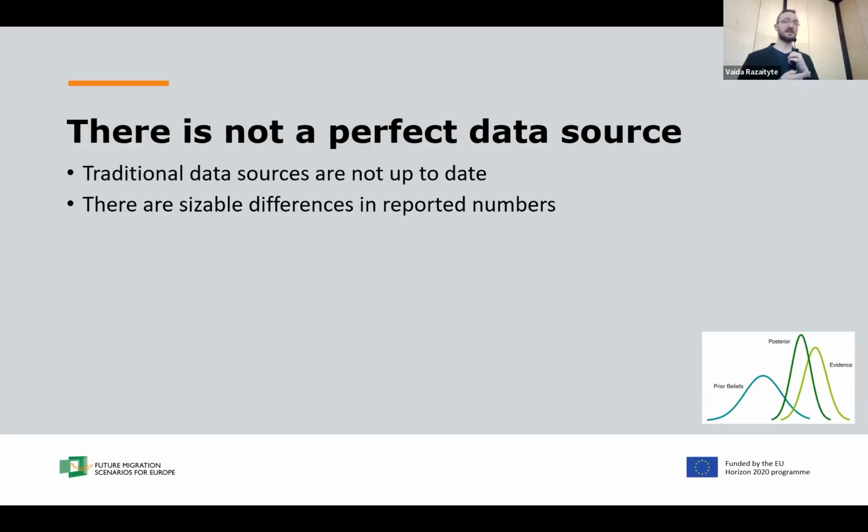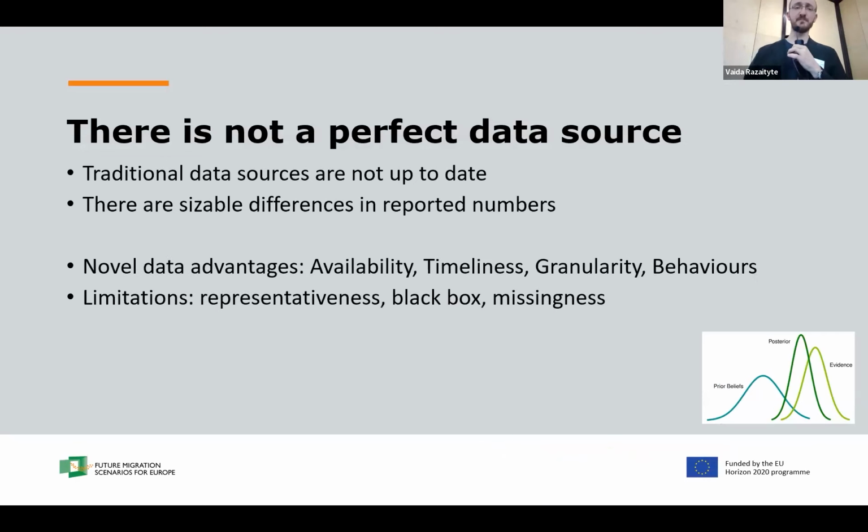Traditional data sources, as Dilek and others explained earlier, have problems: they are not up to date, and there are sizable differences in reported numbers. The new types of data have a big advantage in terms of availability. They are available now, in principle often freely, not mobile phone data, but for example social media data.